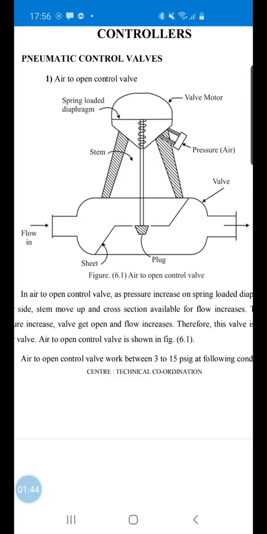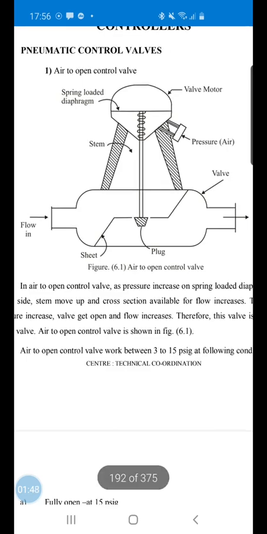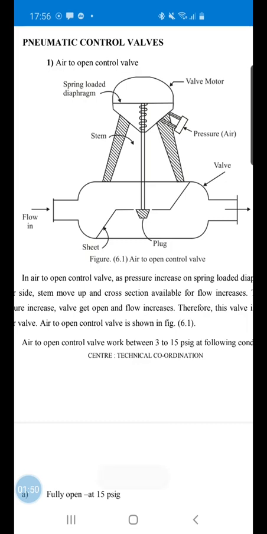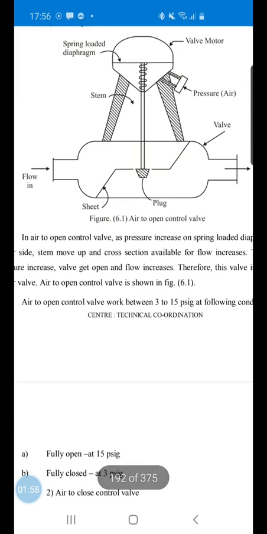So all this portion goes up and the cross section available for the flow increases, due to which the valve opens and the flow coming through the valve increases. So this valve is called an air to open control valve. You increase the pressure, the flow increases.